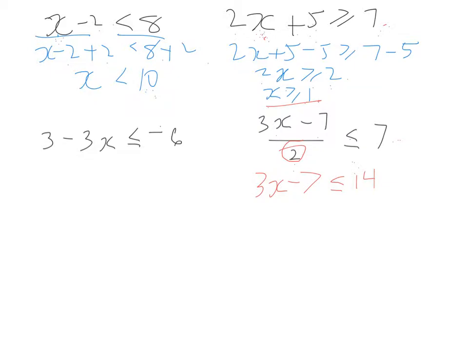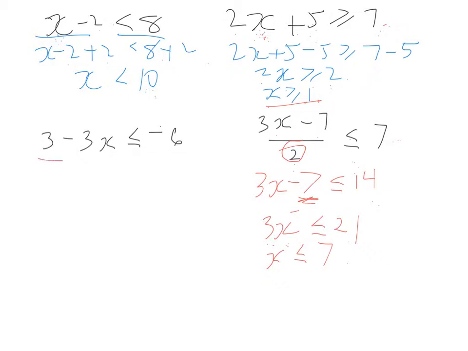Now we're going to add 7 to both sides so we can remove this minus 7. So we'll have 3x less than or equal to 21. And now, to solve for x, we're going to divide by 3. So 3 times some number gives us 21, so x is going to be less than or equal to 7. So that's what satisfies that one.